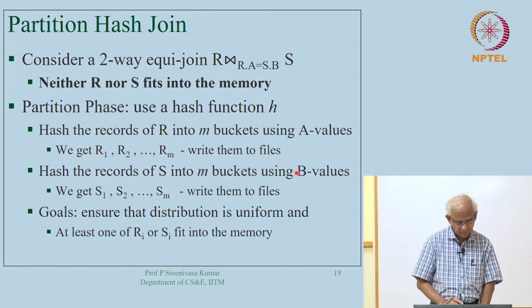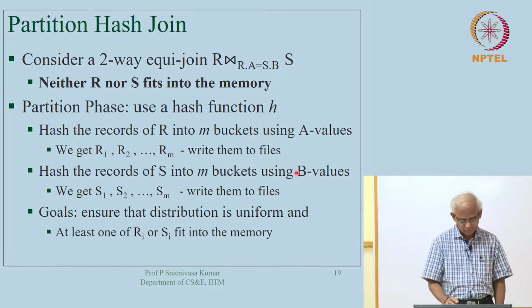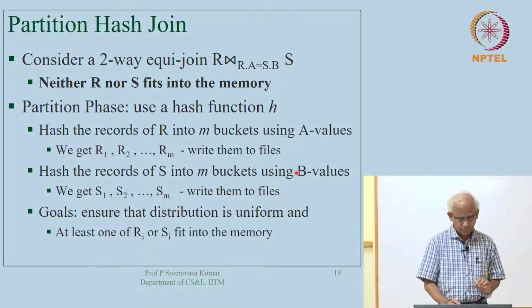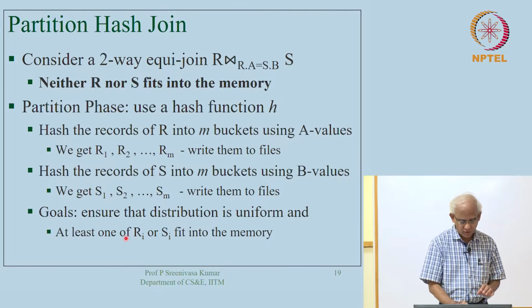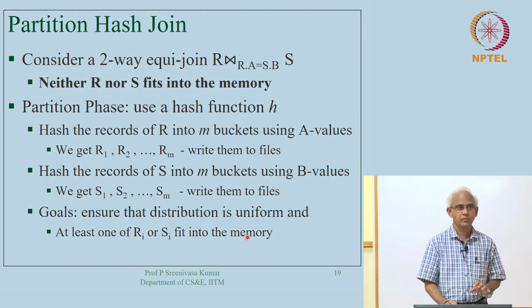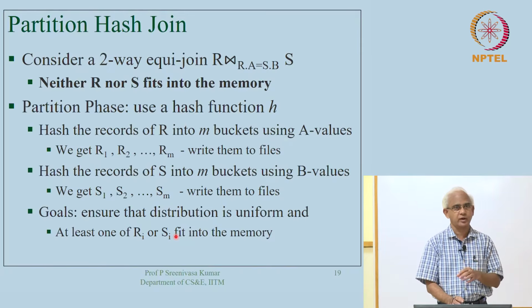And the idea here is that we choose the hash function such that the distribution is uniform and at least one of Ri and Si fits into the memory. Okay. At least one of Ri and Si fits into the memory. Now, how do we ensure this? Usually we use hash functions of the mod m kind, right.